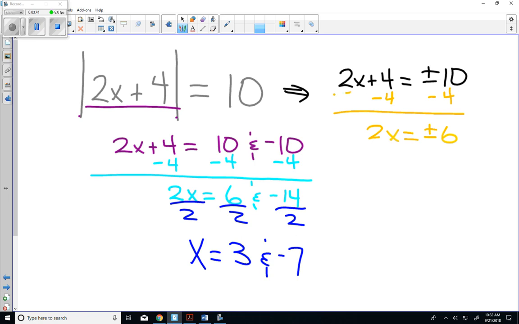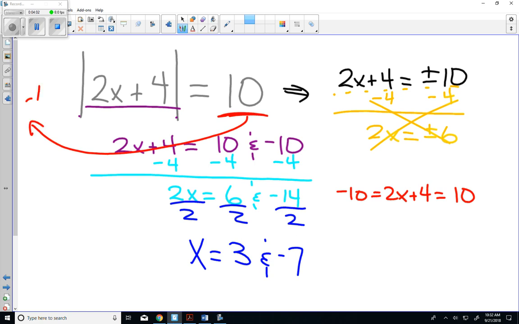So if you do write it like this, that's okay, but just don't make that critical mistake. Then another way to write this is to put -10 is equal to 2x plus 4 is equal to 10. Whatever this value is, you just move it to this side and put a -10 there and use the same symbol. That will come into play later.